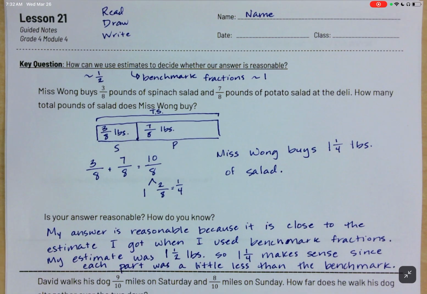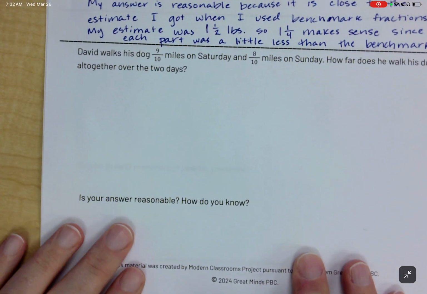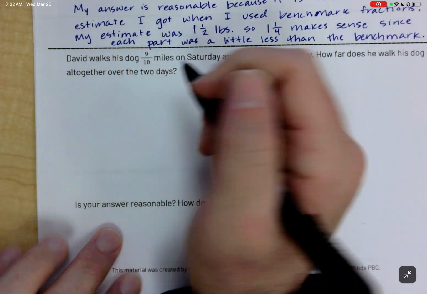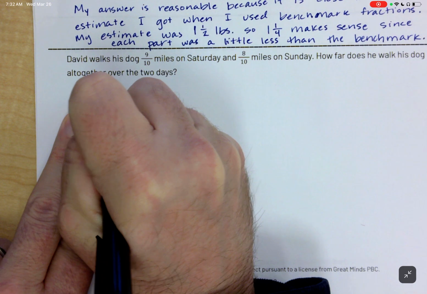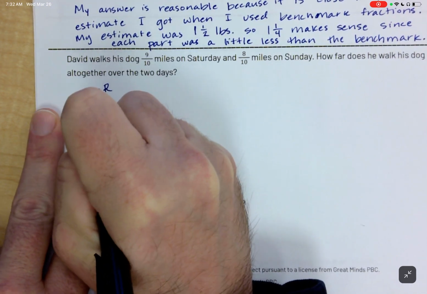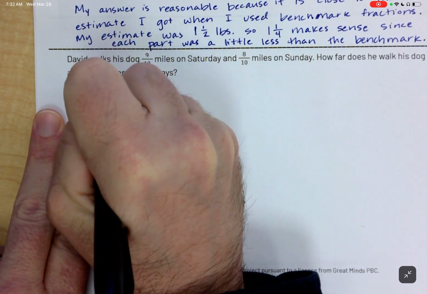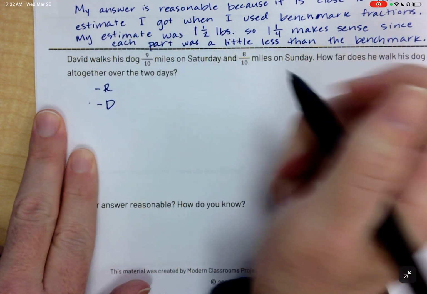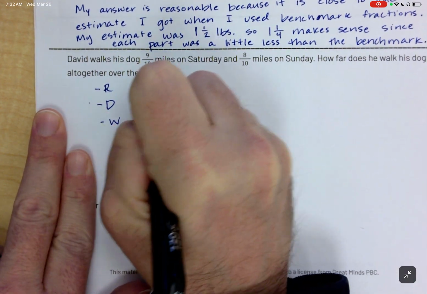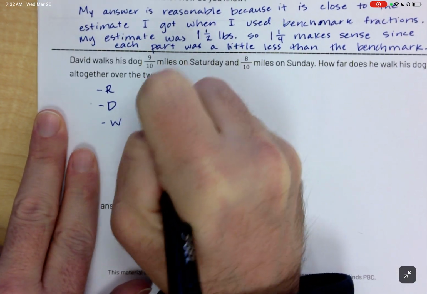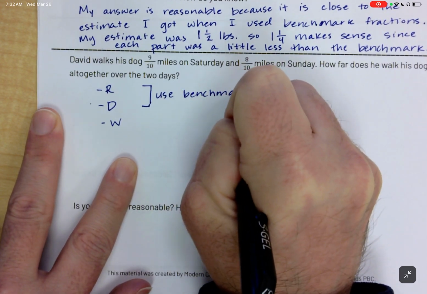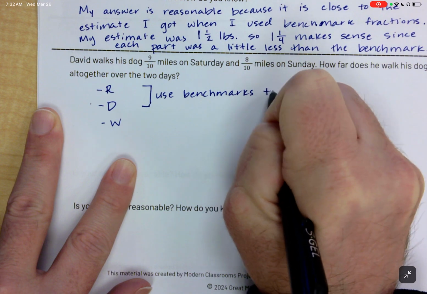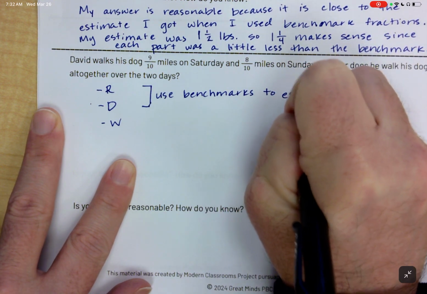Okay, so there you have it. For this one, I want you to remember: read, then before, or maybe even draw and write, but at some point before you solve, use benchmarks to estimate.